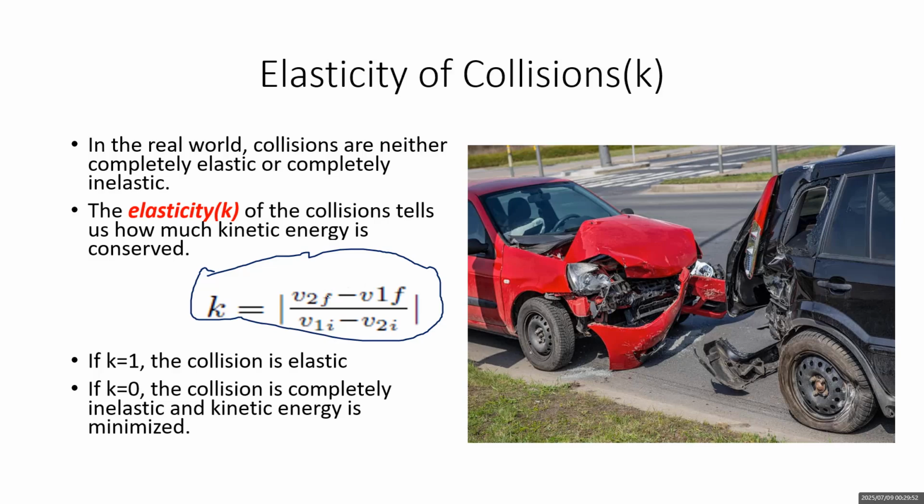You can set up both of these to be positive or both to be negative. It's the absolute value. Okay? If K is 1, the collision is elastic. And if K is 0, the collision is completely inelastic and kinetic energy is minimized.